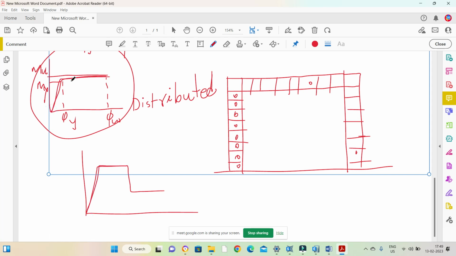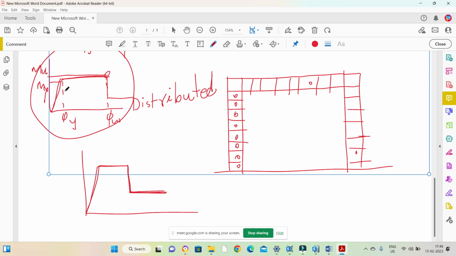Then beyond this is the failure. After this point, if you keep on pushing, it will fail. Suddenly the moment capacity will reduce. Then again it will have some residual strength. Beyond a particular point, if you keep on pushing, the capacity will not become zero. At a particular level it will become constant. This is the residual strength.